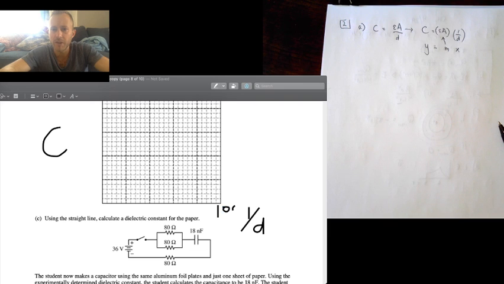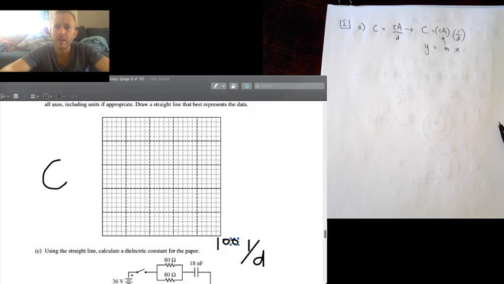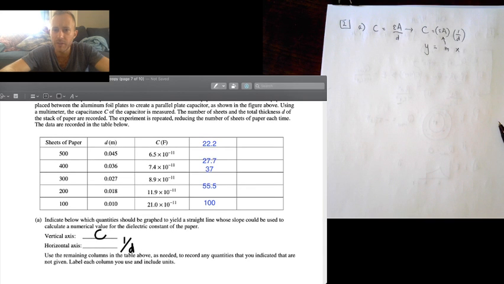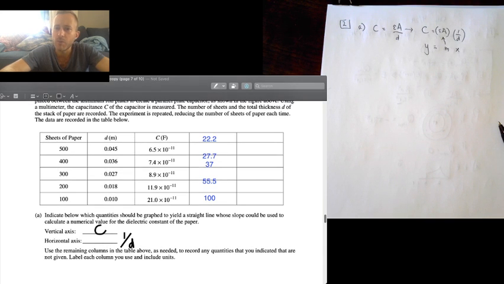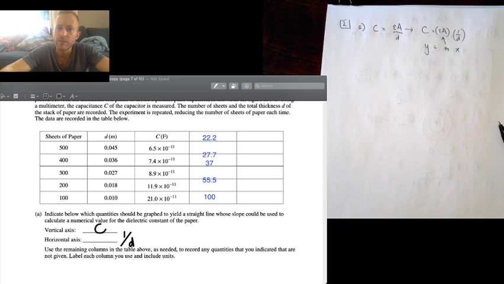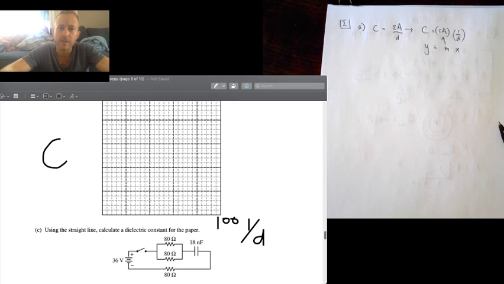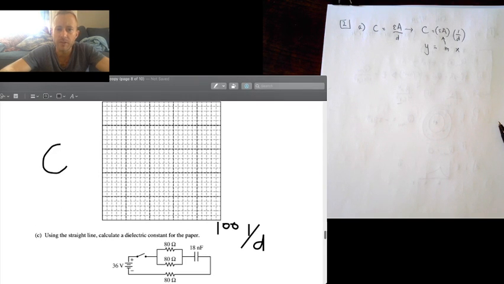So each of these boxes is worth 20. And then it looks like my capacitance goes up to 21 times 10 to the minus 11. So I'm going to have each one be 4 times 10 to the minus 11.